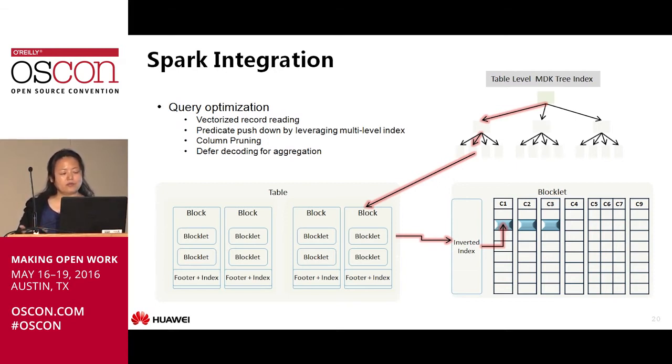In summary, this type of optimization we have done for Spark is applicable to any processing engine framework. We have seen some very significant performance speedup when it comes to querying carbon data compared to other columnar formats. We're going to share some performance results a little later.